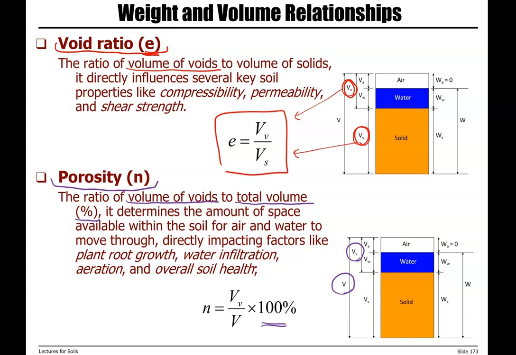It shows the amount of space available within the soil for air and water to move through, and it can impact plant root growth, water infiltration, aeration, and overall soil health. For engineering properties, we usually look at void ratio. Porosity can be helpful for agricultural applications. For porosity, we use letter n, and it's volume of void divided by total volume of a soil sample.